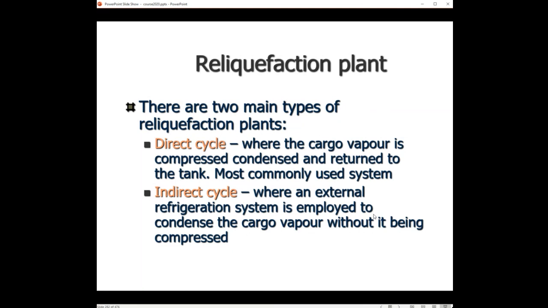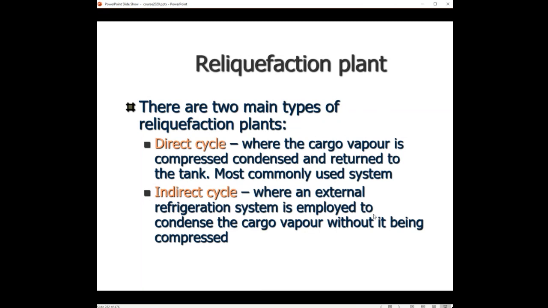But indirect cycle can also be used for extremely toxic products. Because in a compressor room, you have, for example, a lot of connections, and it is almost impossible that there is not one that is a little bit leaking. Now, theoretically, that is not a problem. You got a huge ventilation and so on. And when this ventilation is maintained and set as we discussed, then there is no problem.